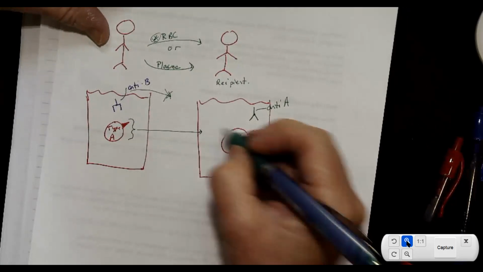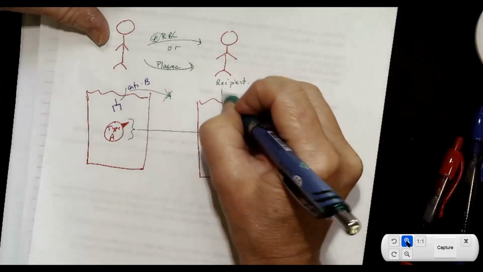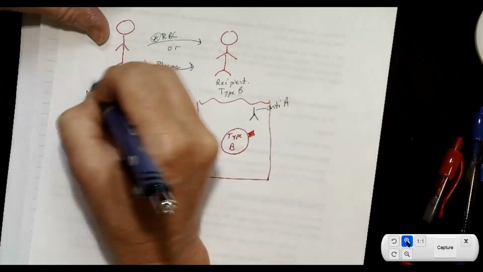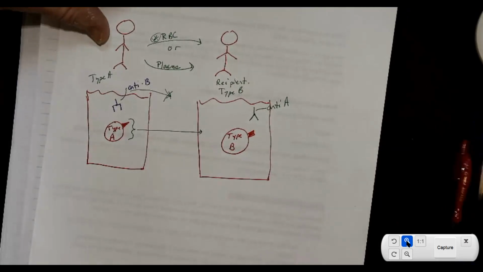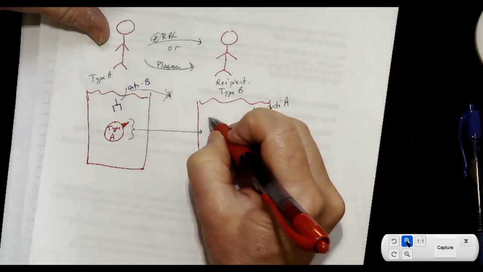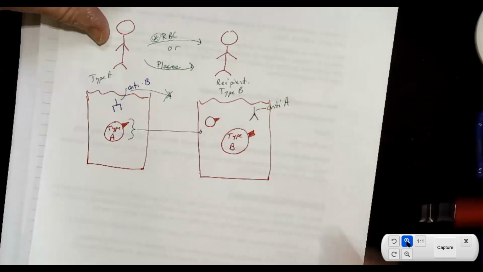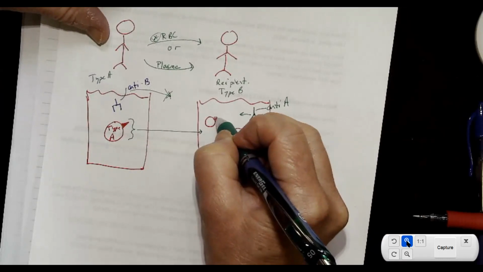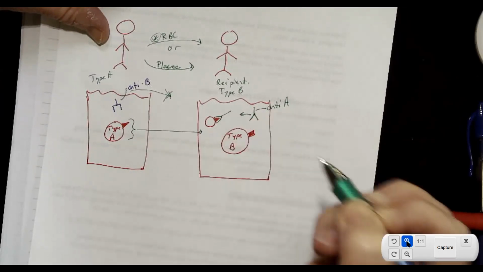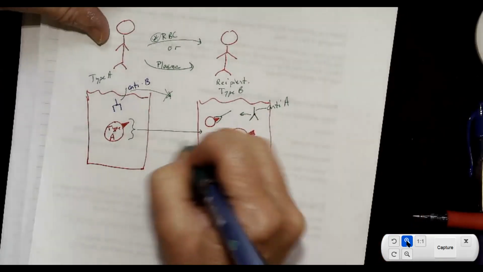Yes. So could this type B receive from type A? Well, think about it. If we put this cell in here, it has a spike on it. This antibody is going to come over and attack it because it thinks it's a foreign invader. See? So, no.